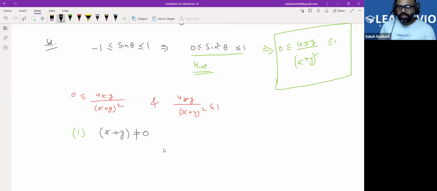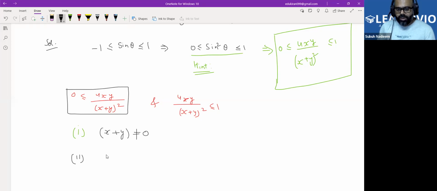So this is the first thing, that x plus y is not equal to 0, either here or here, both places, whether it is greater than or equal to 0 or less than or equal to 1, because it needs to be defined. Another thing is that if this is greater than or equal to 0, then this denominator is a square, so it is positive. Numerator also has to be positive, then the ratio will be positive.